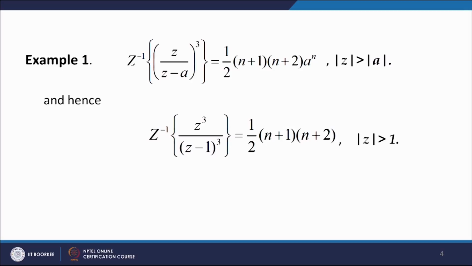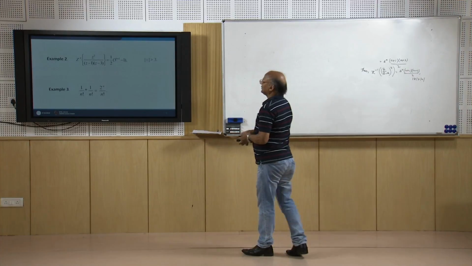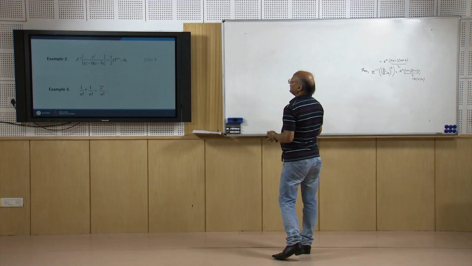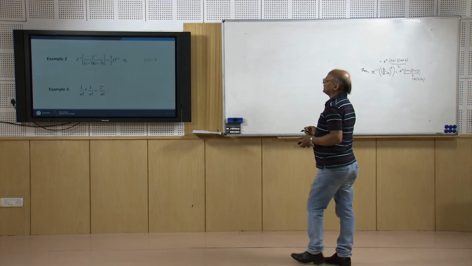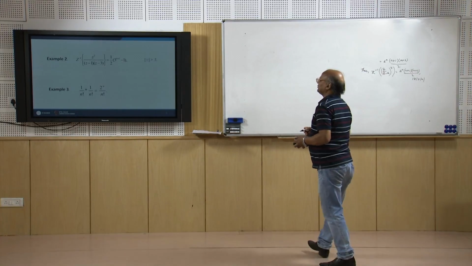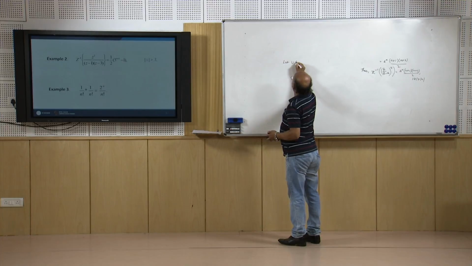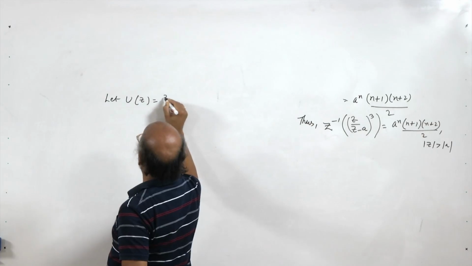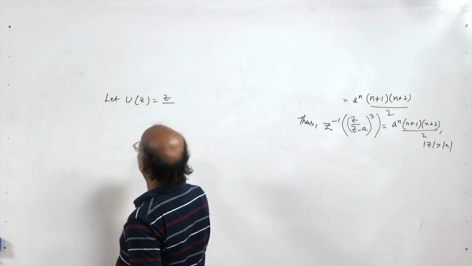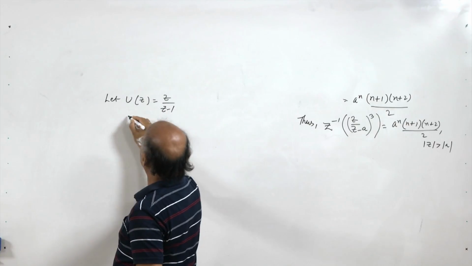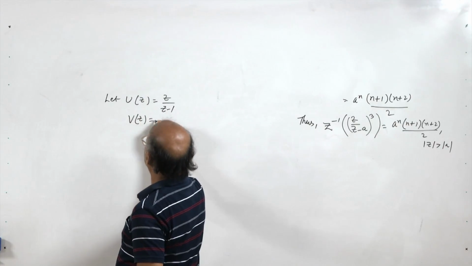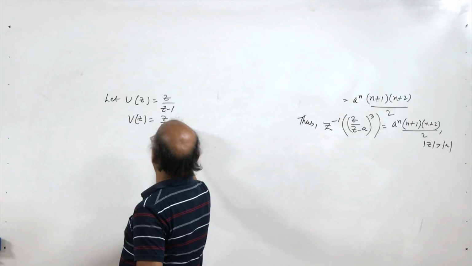Let us take some more examples on the convolution theorem. Suppose we want to find the inverse Z transform of z square over (z minus 1)(z minus 3). So let U(z) be equal to z over z minus 1 and B(z) be equal to z over z minus 3.